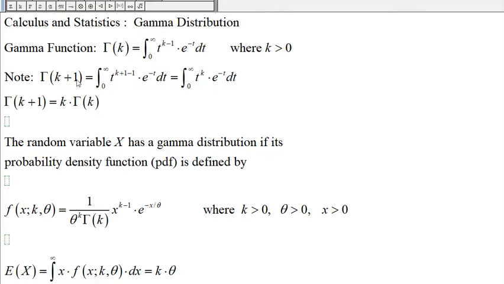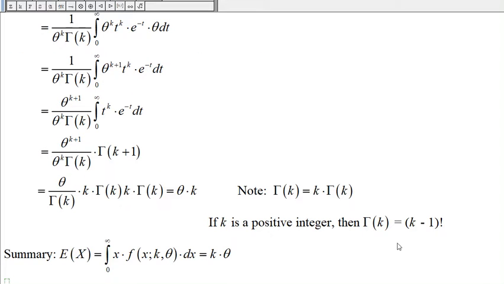Gamma of k plus 1 is t to the k plus 1 minus 1, which is t to the k times e to the minus t. And then gamma of k plus 1 is k times gamma of k. So this integral right here is gamma of k plus 1.